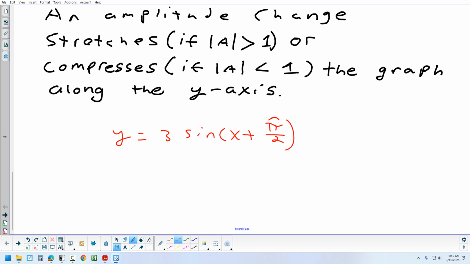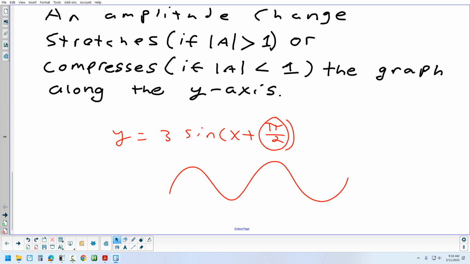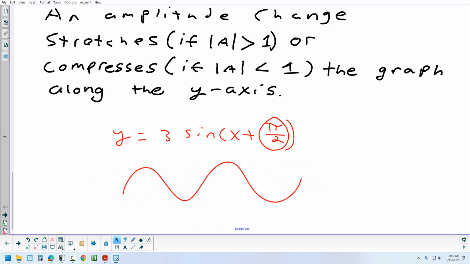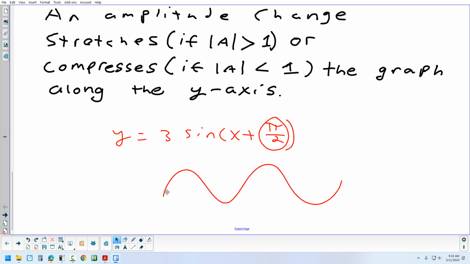This has nothing to do with amplitude. It has something to do with what we learned yesterday. It's a horizontal shift, but it does not affect the height at all. If you slide something left or you slide it right, is the height of the wave changing? No. Okay. So we got to make sure we know what number to focus on when they ask about amplitude.